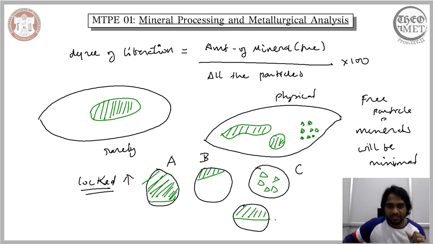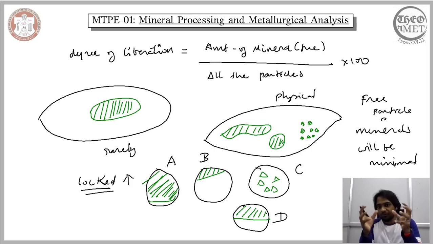And in the case of D, we have a portion of minerals that is not as high as A but also not as low as B. So consider these four different types of locked particles that form the significant portion of the fragments in the case of a physical condition.